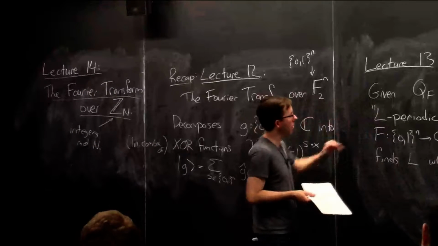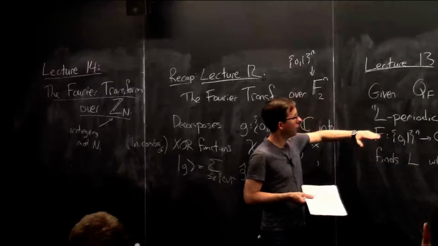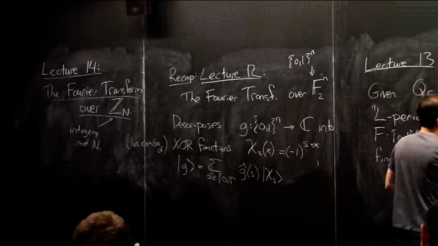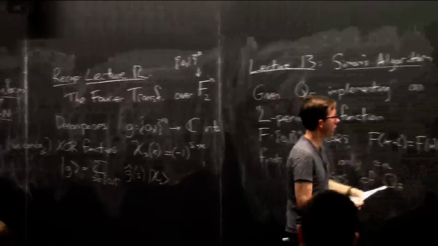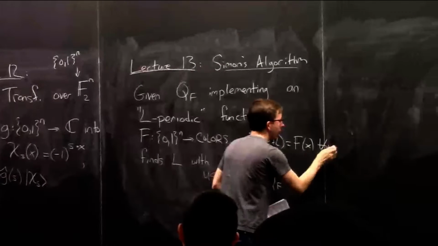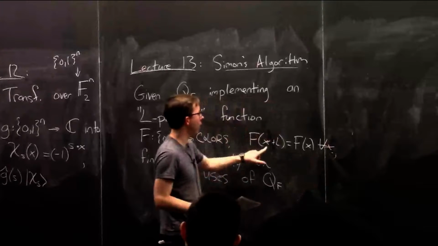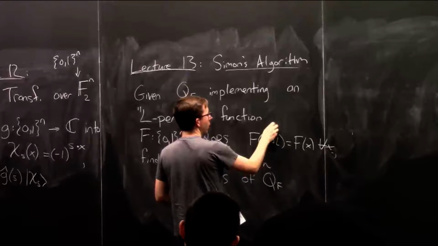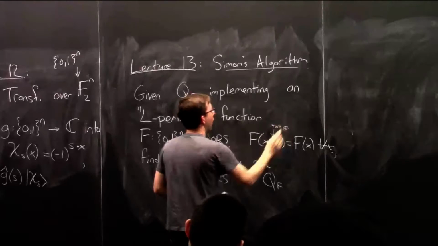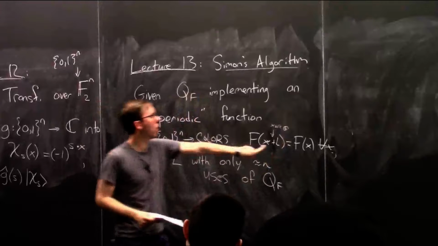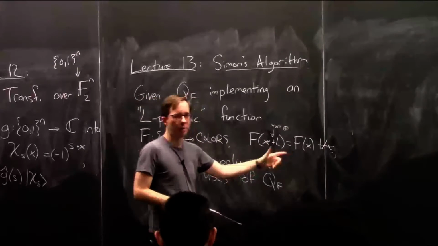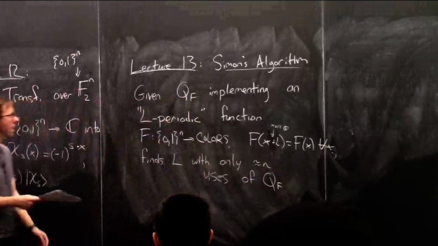It had the property that it was periodic for some period L, a Boolean string L. That meant that for all x, f of x is always equal to f of x plus L, where this is addition mod 2, or the XORing operation. So these pairs always had the same color. And I didn't write it here, but all the other pairs have different colors.